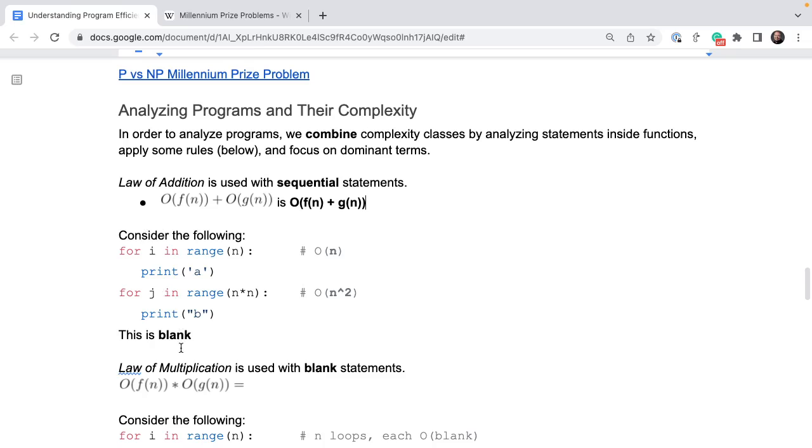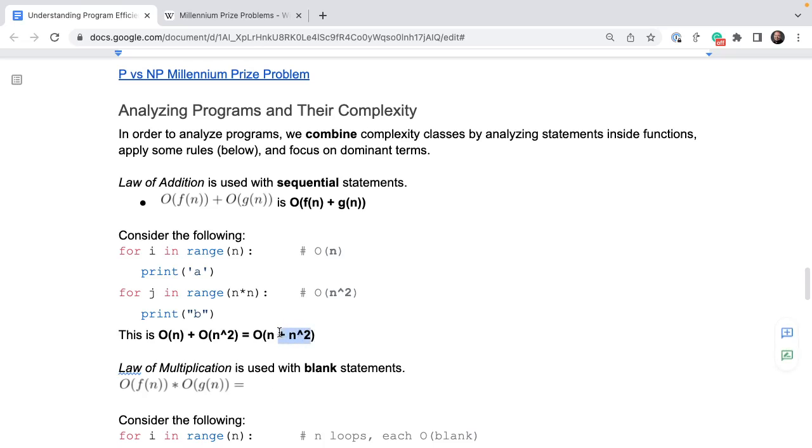So what that means is when we're looking at this in terms of our big O, we have big O of n plus n squared, and then, well, here I'll write it like this, showing the law of addition. So that's big O of n plus n squared.